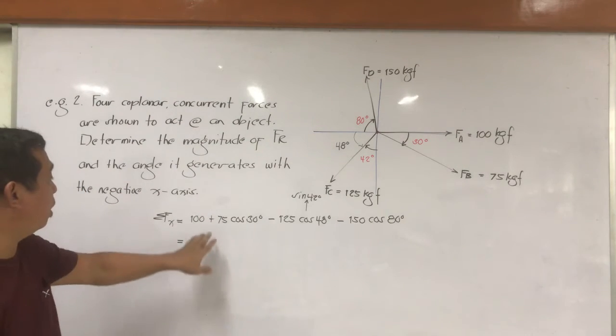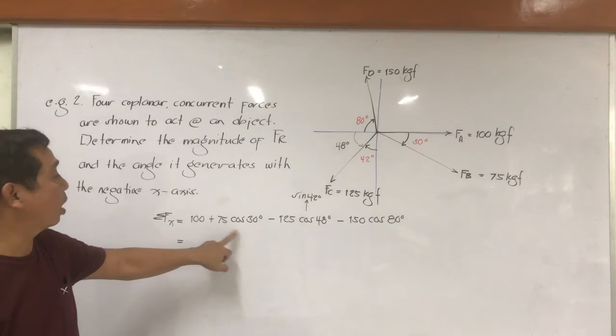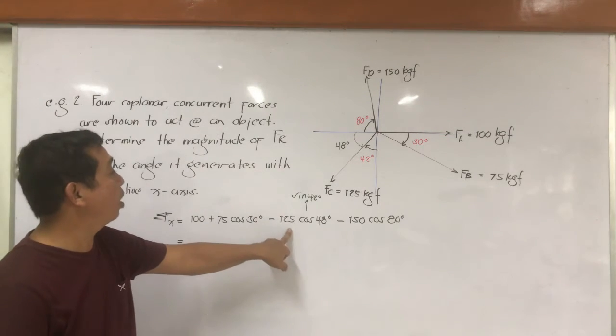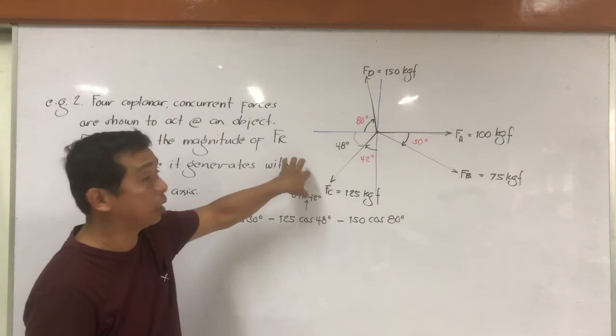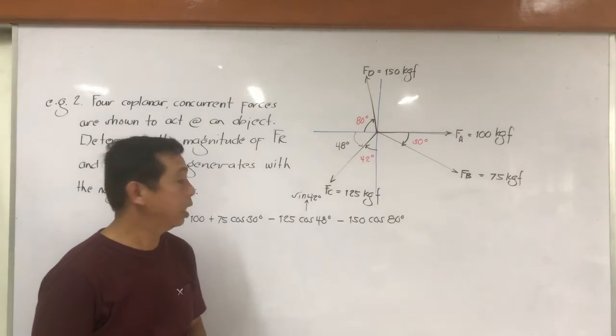Double check lang natin. You have east 100, 75 cosine of 30, your negative 125 cosine of 48, nasa third quadrant, and your 150 cosine of 80.